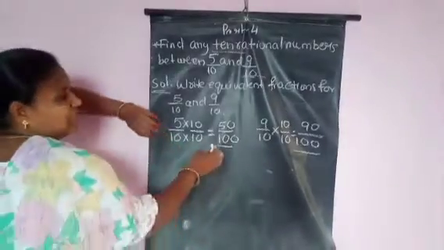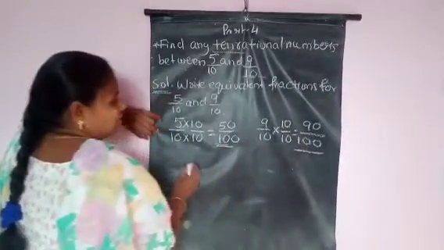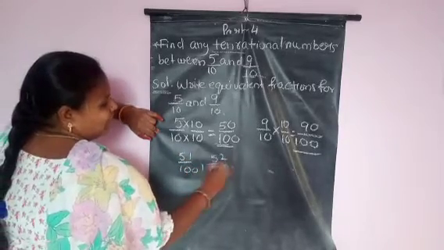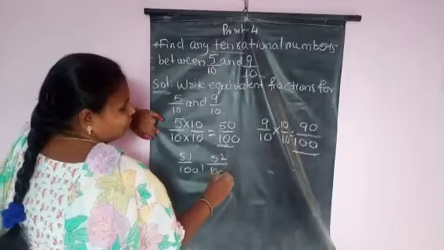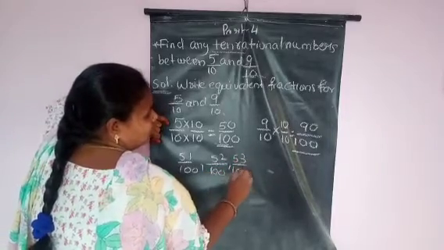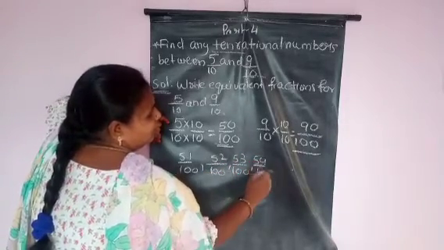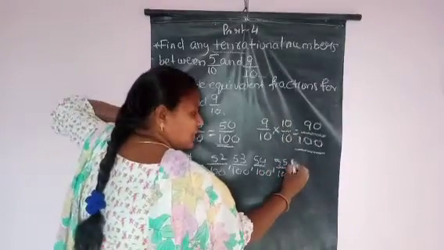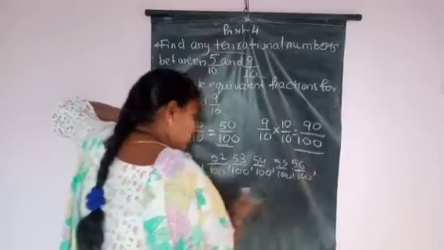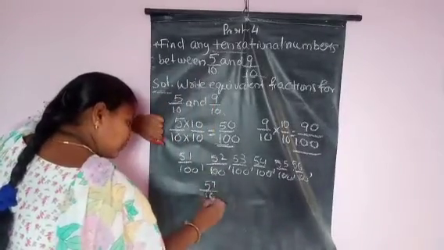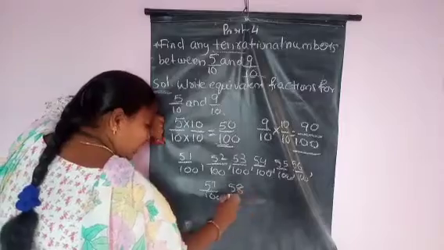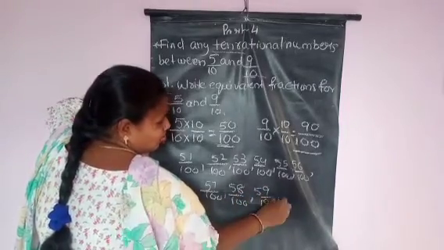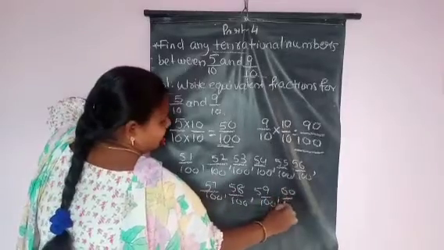Between 50 by 100 and 90 by 100: 51 by 100, 52 by 100, 53 by 100, 54 by 100, 55 by 100, 56 by 100, 57 by 100, 58 by 100, 59 by 100, 60 by 100.